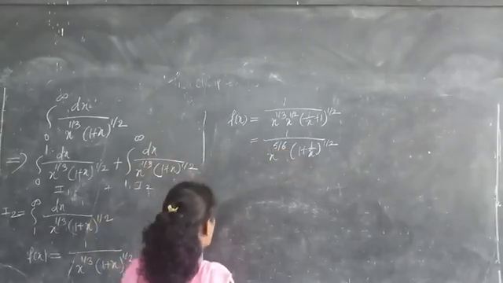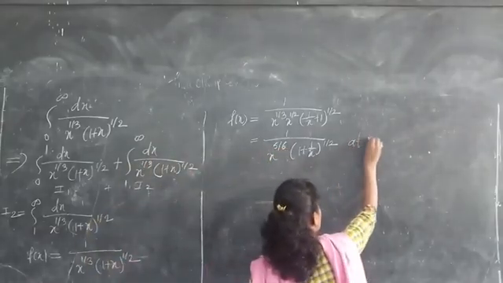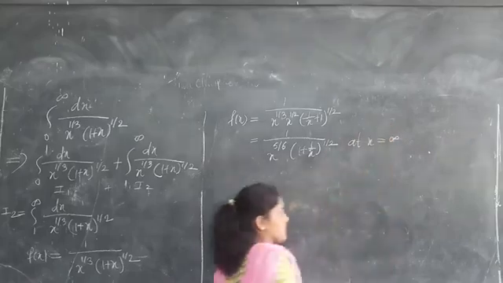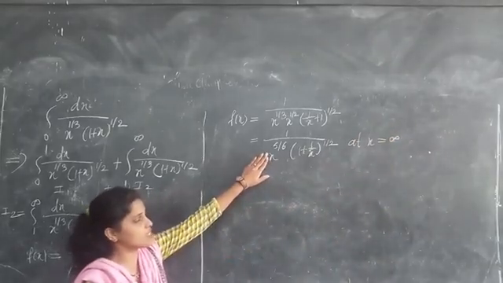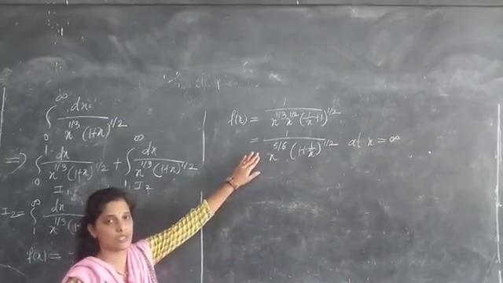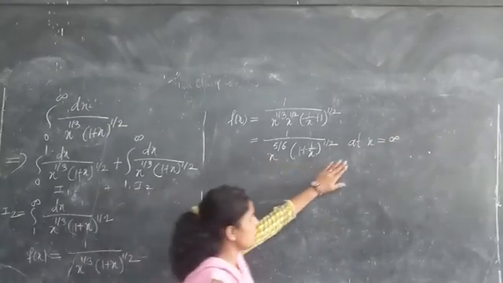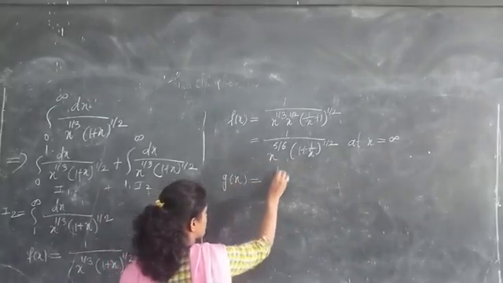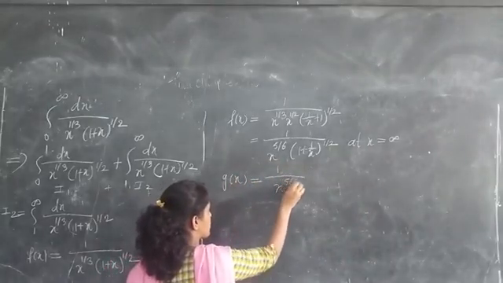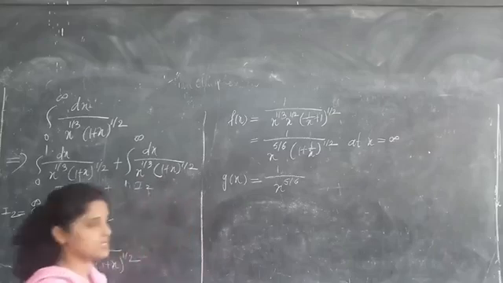At x equal to infinity, as I said, we have to choose a suitable function g of x, which is 1 divided by x to the power 5 divided by 6.